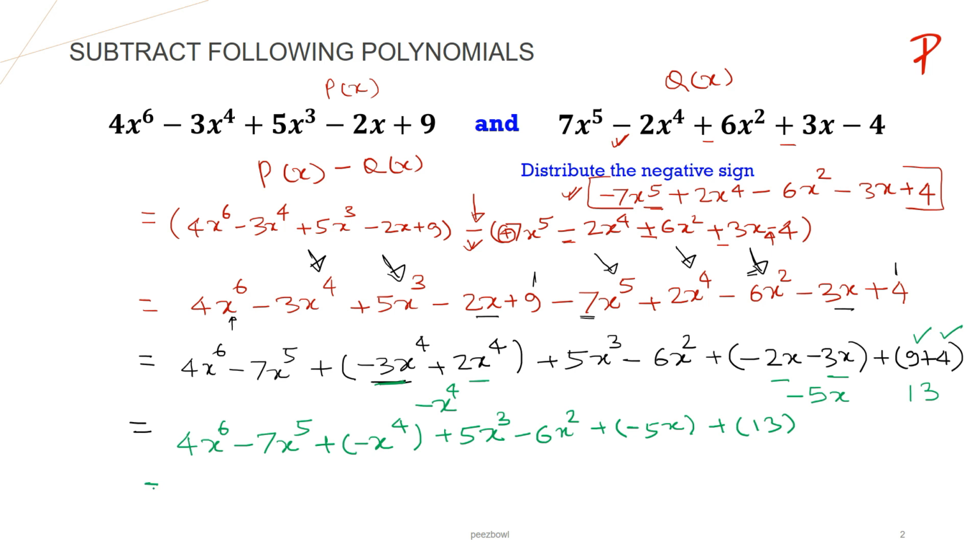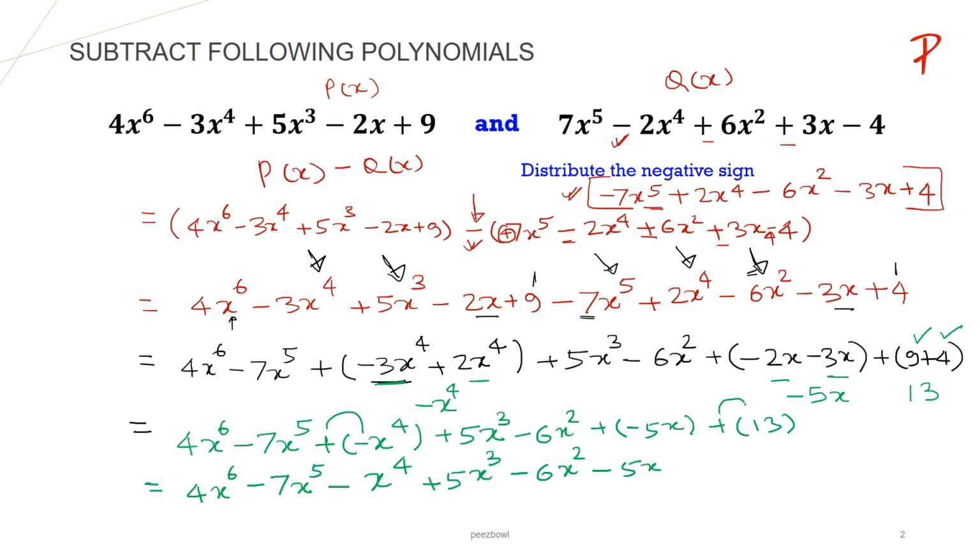Okay, so this is going to be 4x to the power 6 minus 7x to the power 5. This plus sign when multiplied by the minus sign becomes minus x to the power 4 plus 5x cube minus 6x square. Again, this plus sign when multiplied by the minus sign will become minus 5x plus 13, because there is a plus sign before 13.